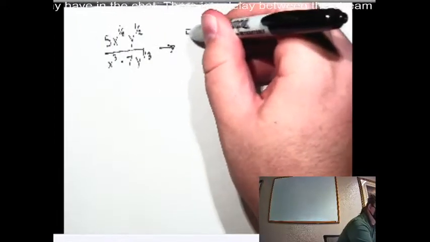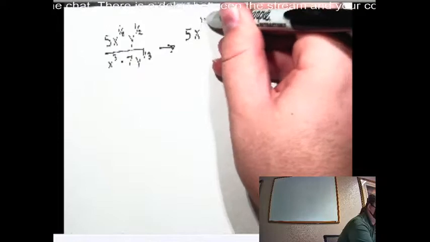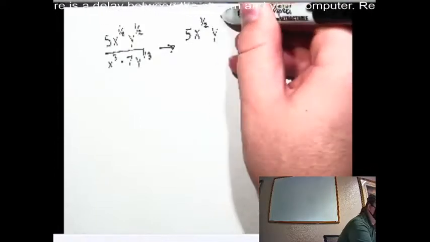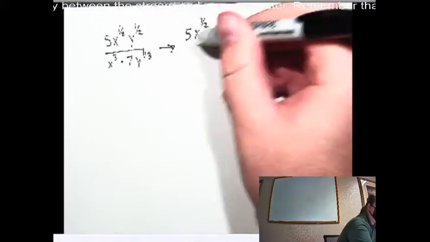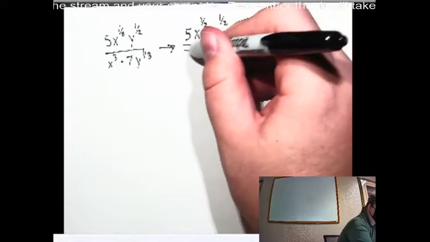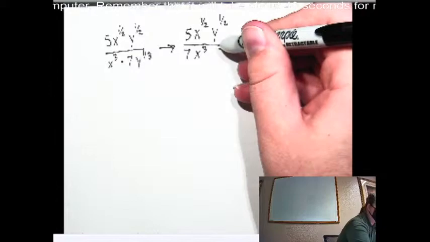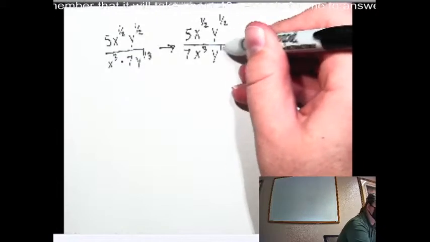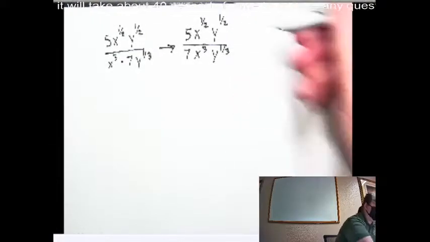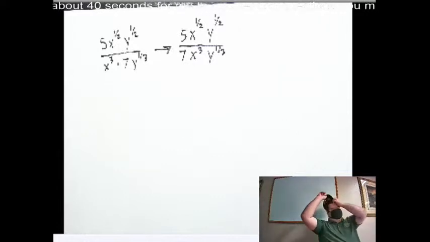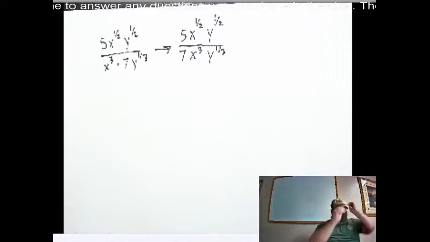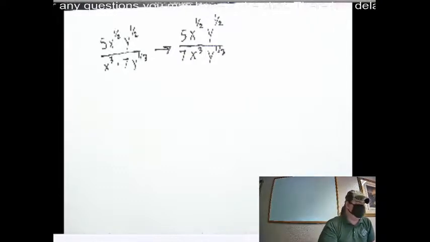So this would be 5 x to the 1/2 y to the 1/2 divided by 7 x to the 3rd y to the 1/3. Okay.